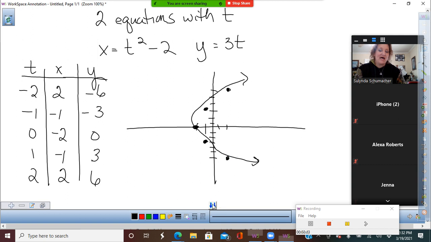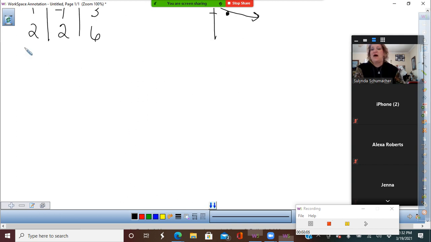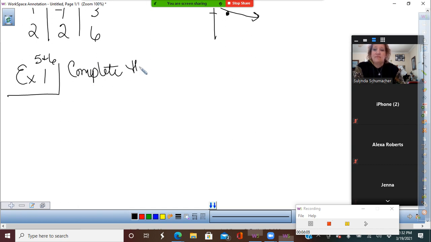All right, so with that idea in mind, example number 1 today is going to be the first 2 problems you have in your homework, which are 5 and 6. It's just going to ask you to complete the table and plot the point.